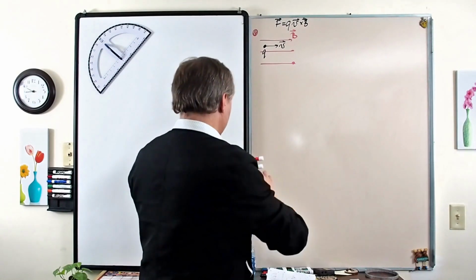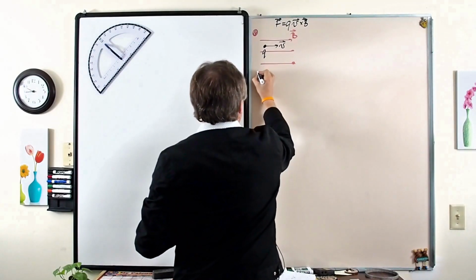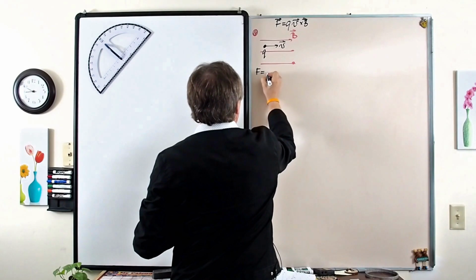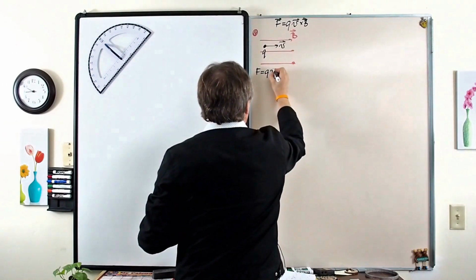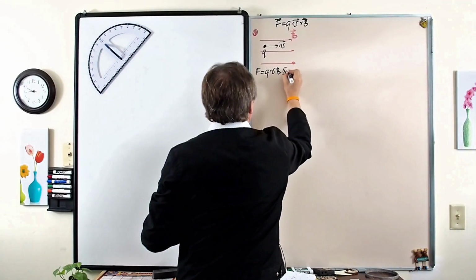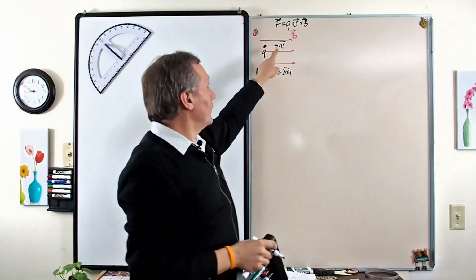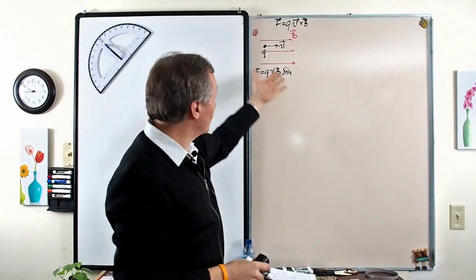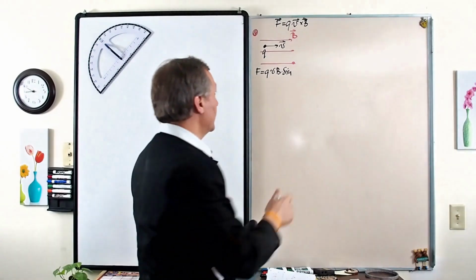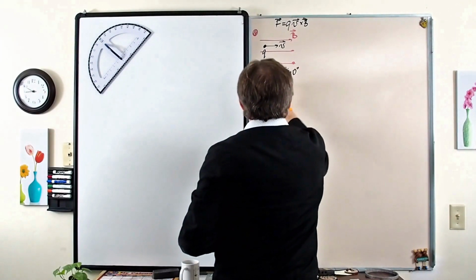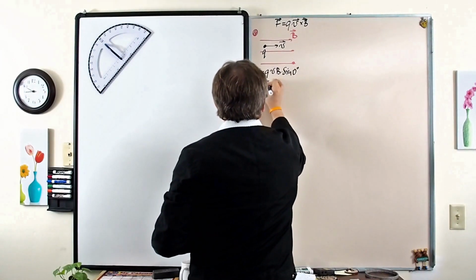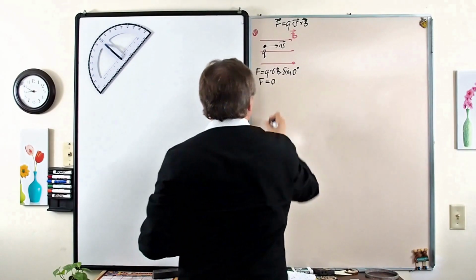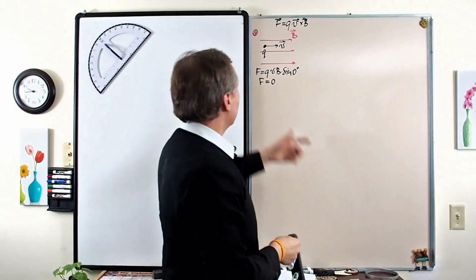Let's calculate this. Looking immediately at the absolute value, it's Q V B times sine of the angle between these two vectors, V and B. What's the angle between those two vectors? 0 degrees, it's obvious. As a result, the force acting on the particle in this case is 0.